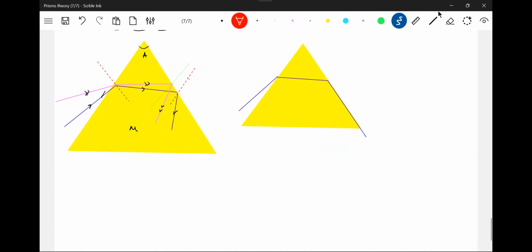The ray should undergo TIR. If, for a grazing emergence, the ray undergoes TIR at the emergent surface, then it is as good as not emerging out. Then for grazing emergence, what should be the incident angle? The incident angle should be equal to the critical angle.